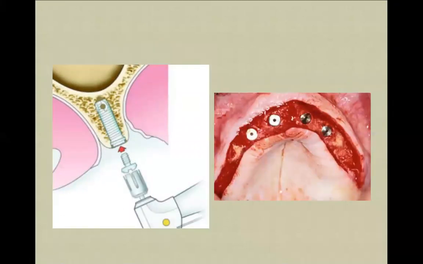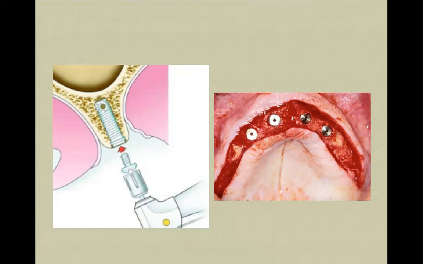Well, once the implants are placed, as we discussed in the beginning of this presentation, we have internal threads, we have an internal channel for the further orthopedic rehabilitation, for the further abutments.